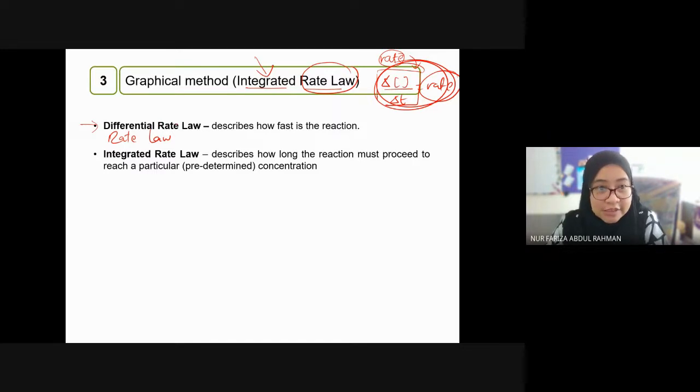The negative represents the reactant, the positive represents the product, and then we can relate the rates. So that is the differential rate law.